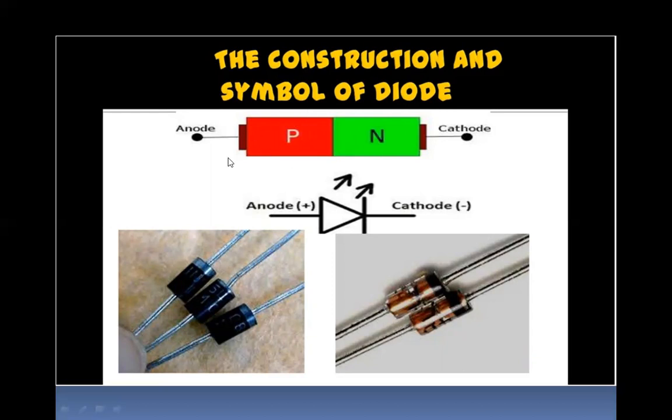P-type has majority charge carriers as holes, so it is positive, and N-type has majority charge carriers as electrons, and it is the cathode. This is the symbolic representation of a diode, and here we are using an LED because two arrows are shown. It means it is a light emitting diode. The other picture shows the normal diode, and this is one more kind of diode. So these are just pictures.